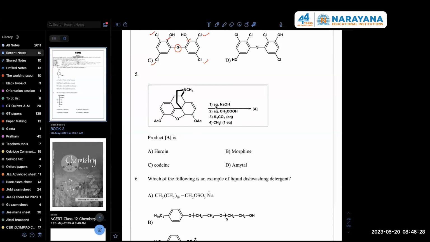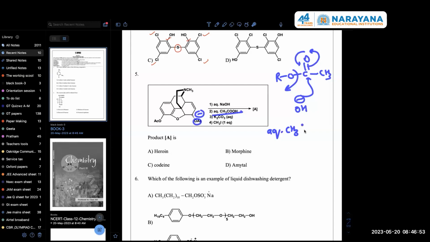Suppose you have some ROAc, where Ac means COCH3. If OH minus attacks here, O minus comes down, releasing this, and that O minus becomes OH by aqueous acetic acid. Whenever they write aqueous acetic acid, you simply understand it as an acidic workup.